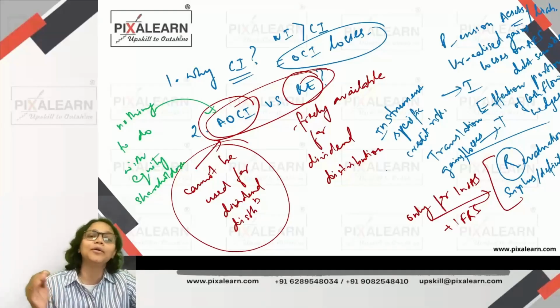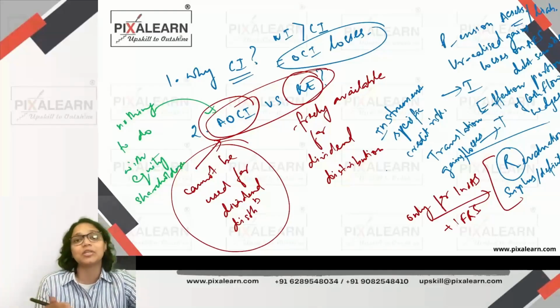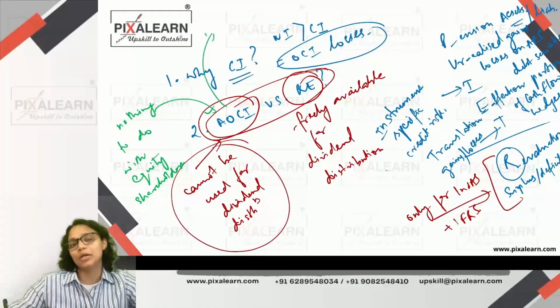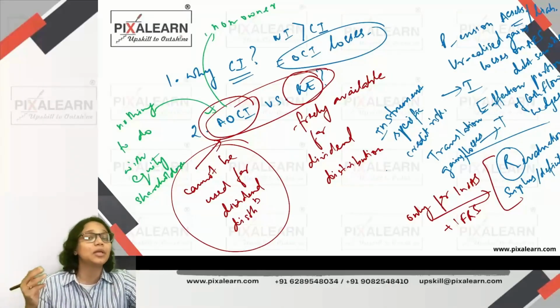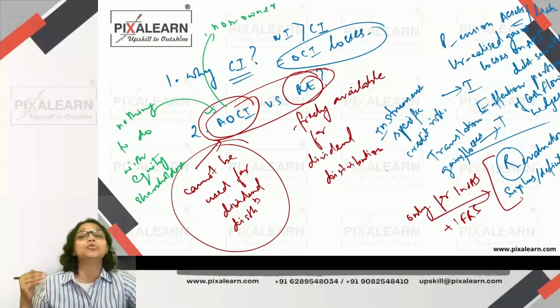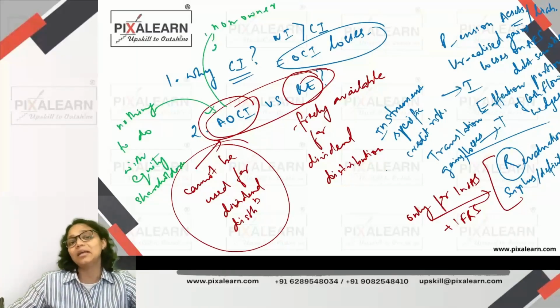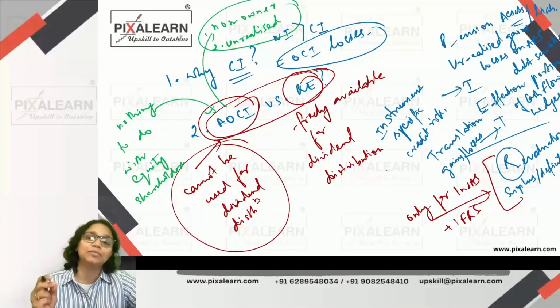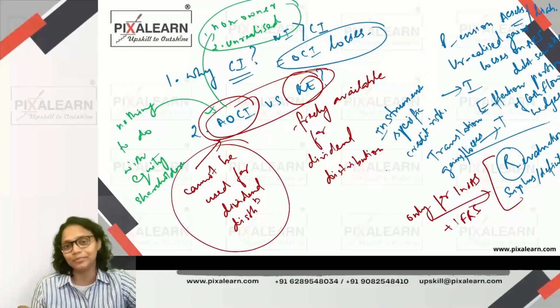It is that part of equity which resembles non-owner transactions. So there are two keywords which are very important for AOCI. One is non-owner. The reasons why they increased equity have nothing to do with contribution from the owners or distribution to the owners. And second, these are unrealized. It's all on paper. Nothing of this has materialized till now.